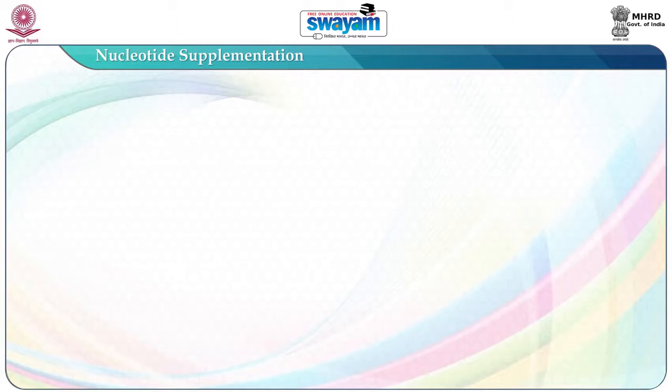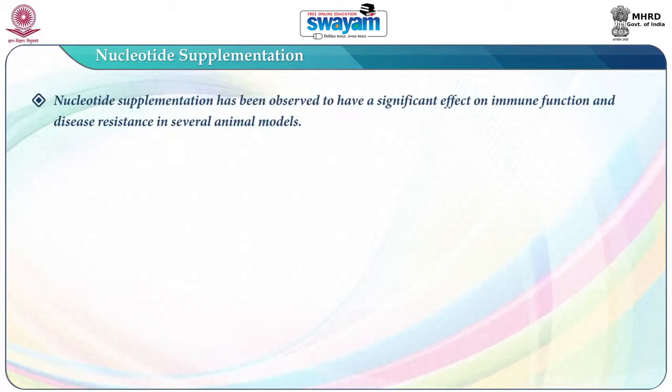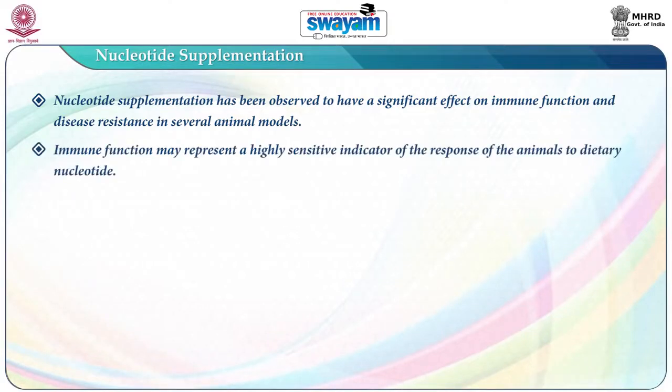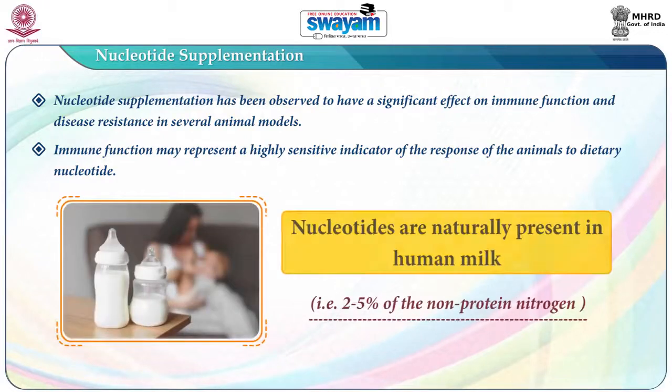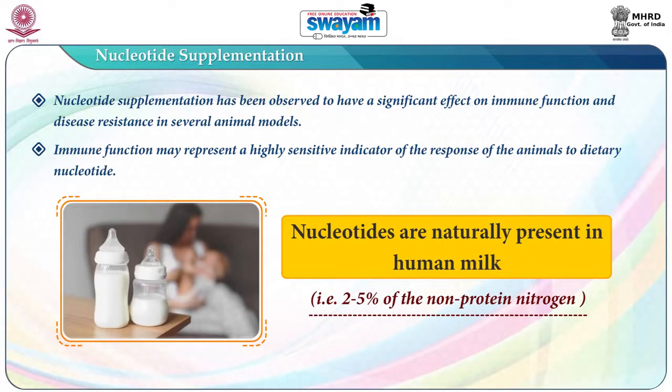Now, coming to nucleotide supplementation. Nucleotide supplementation has been observed to have a significant effect on immune function and disease resistance in several animal models. As such, immune functions may represent a highly sensitive indicator of the response of the animals to dietary nucleotides. Nucleotides are naturally present in human milk, at 2 to 5% of the non-protein nitrogen.